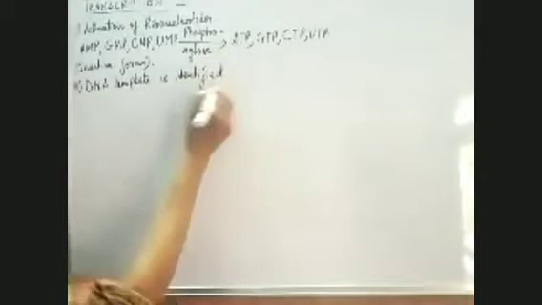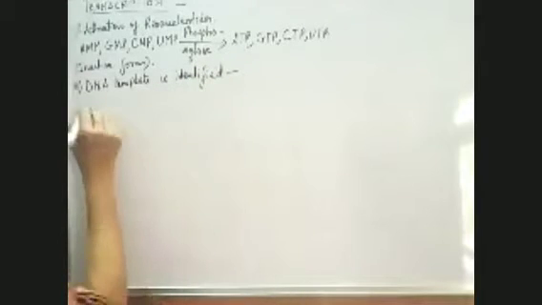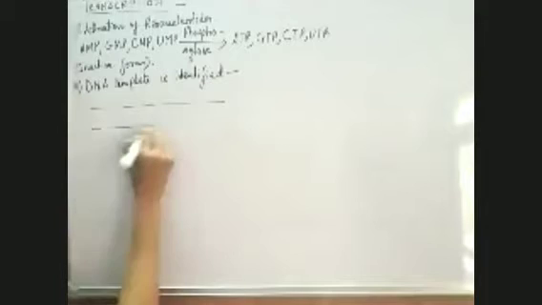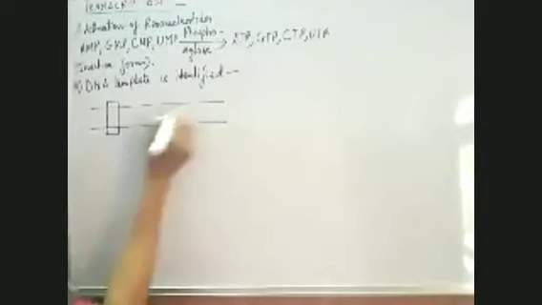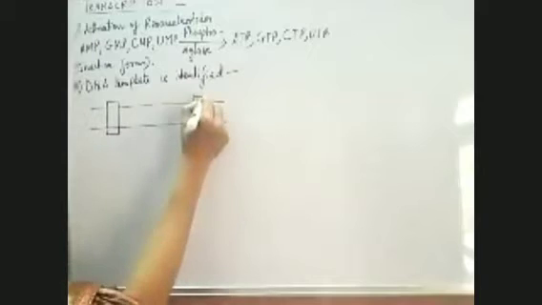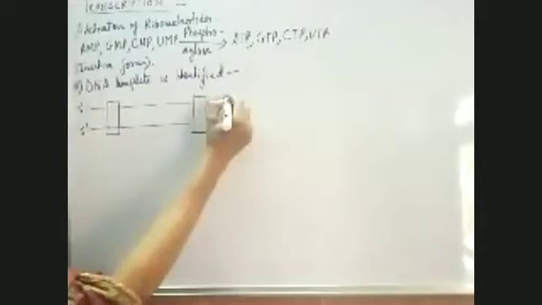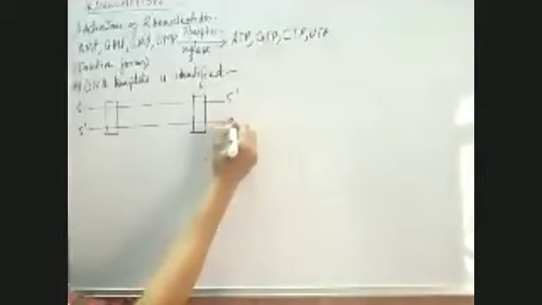In the transcription unit, which was like this, template strand and the coding strand, the promoter site is here, and the terminator site is here. We have 3' and 5', 5', 3' here like this.